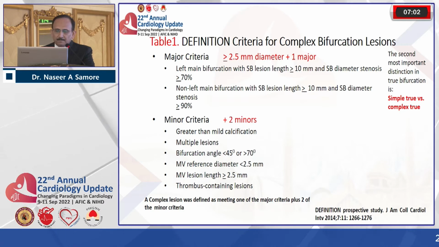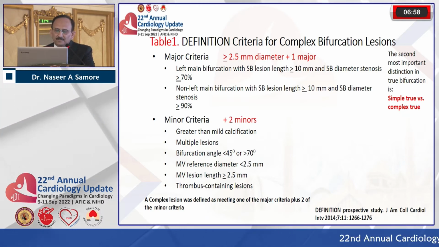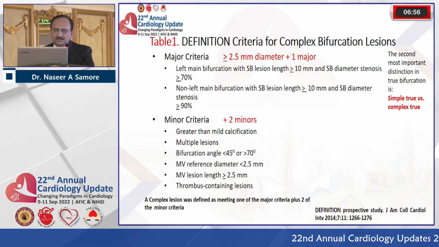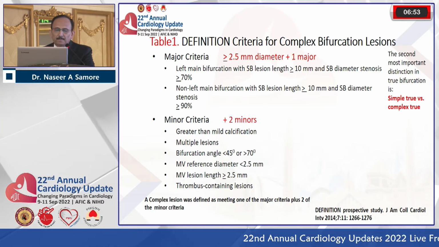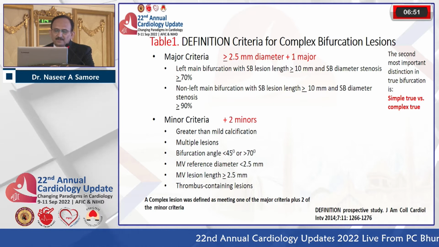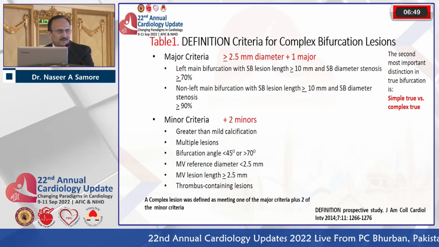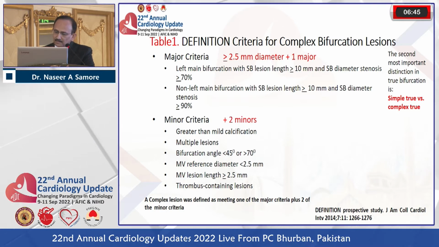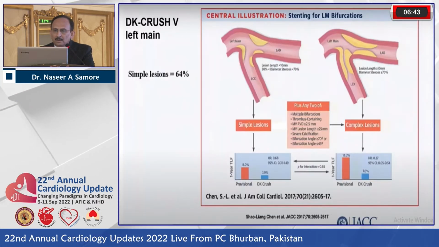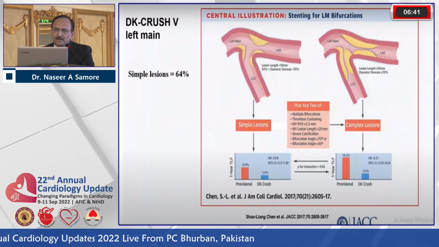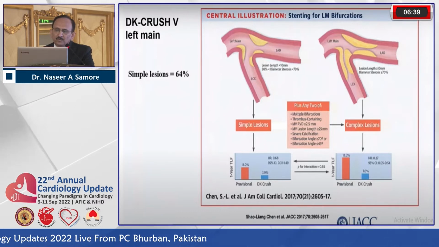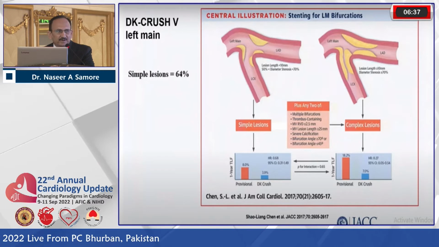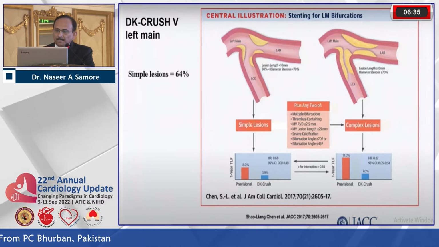The minor criteria include calcification, multiple lesions, very shallow or steep angle, a main reference diameter less than 2.5, a main lesion length more than 25, and thrombus burden. This is another illustration showing simple true bifurcation and complex true bifurcation.